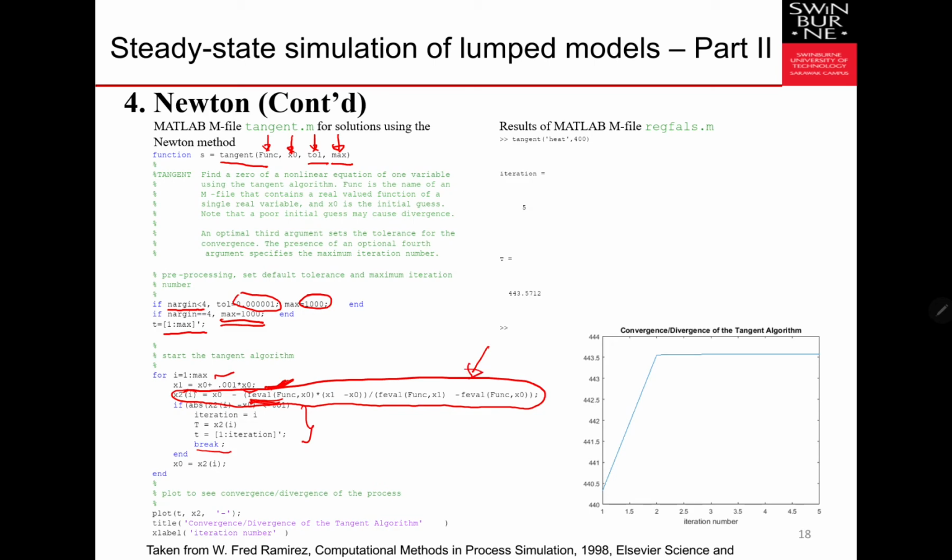And this plot shows the iteration versus the value of x that creates a function value of 0. As you can see, you just roughly need about 2 iterations to get the final value.